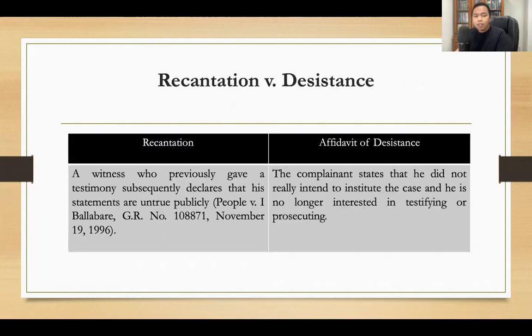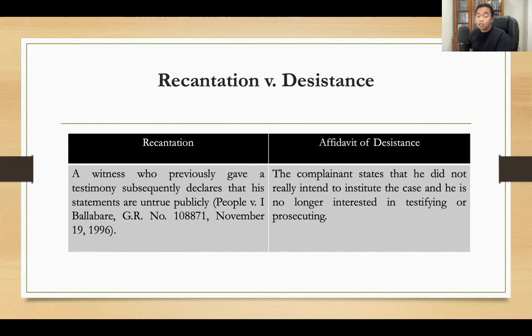Now, what is the distinction between a recantation and a desistance? A recantation is where a witness who previously gave testimony subsequently declares publicly that his statements are untrue. Whereas in an affidavit of desistance, the complainant states that he did not really intend to institute the case and that he is no longer interested in testifying or prosecuting the case.